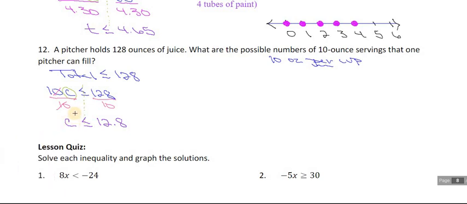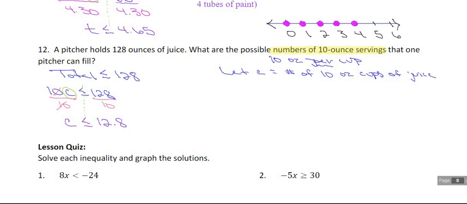Now, again, we're talking about the number of 10-ounce servings, not the number of 9-ounce servings or just any amounts of the beverage in a cup. We want specifically 10-ounce servings. So C, the number of servings or the number of cups, I'm going to better define my variable. Let C equal number of 10-ounce cups of juice.